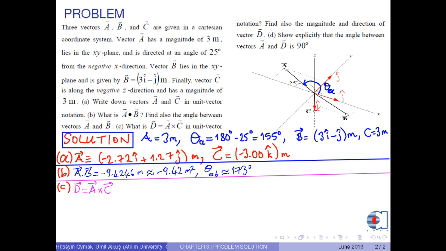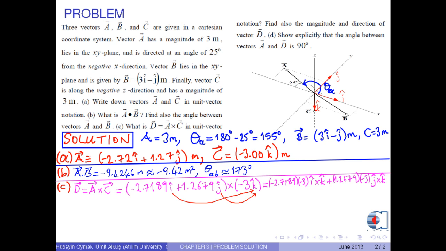Vector D is given by A cross C. If we put the corresponding values into this equation, we get. From the property of distribution, we get. Remember that i hat cross k hat is equal to minus j hat, and j hat cross k hat is equal to i hat.